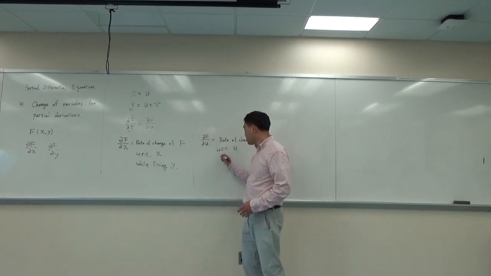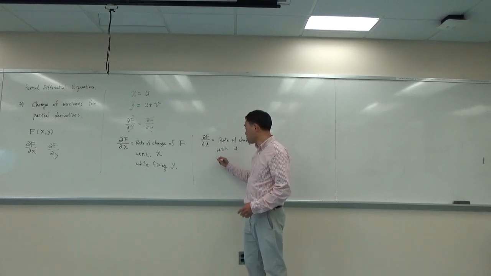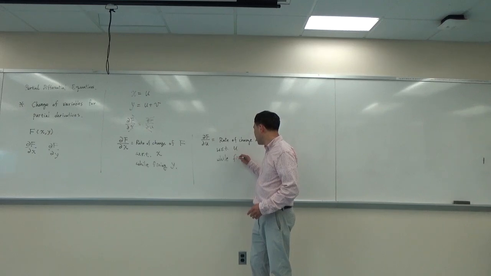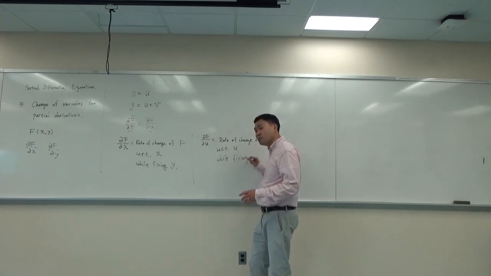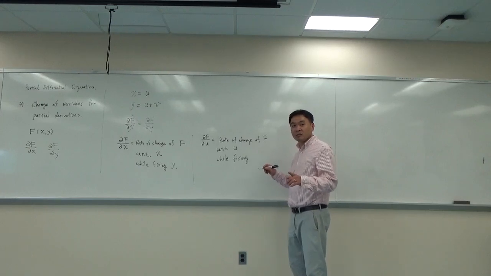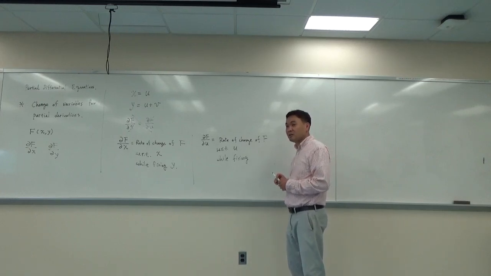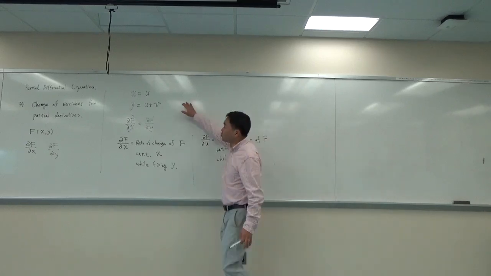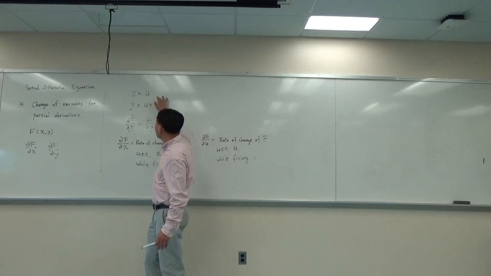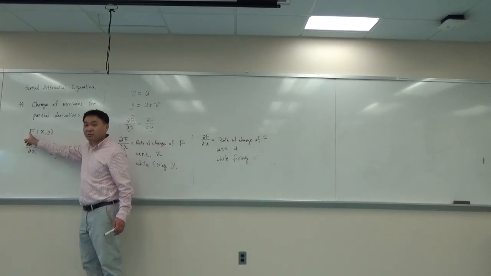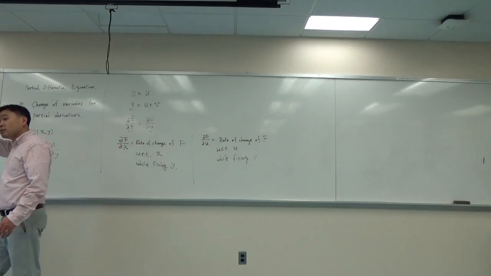But here's something that's not in this notation, which is while fixing what? U plus v? No. While fixing v. Because at this level, when you have u and u plus v, then you're representing f as a function of u and v.